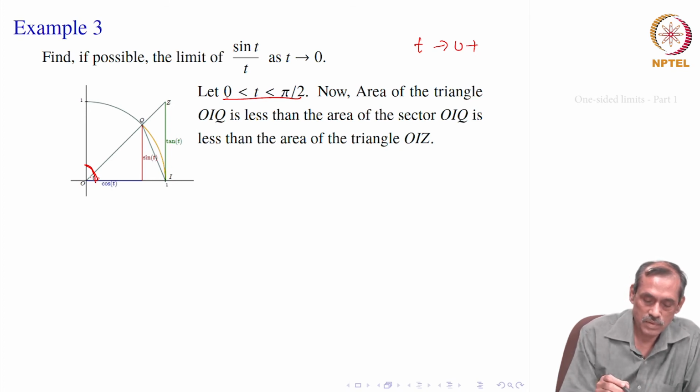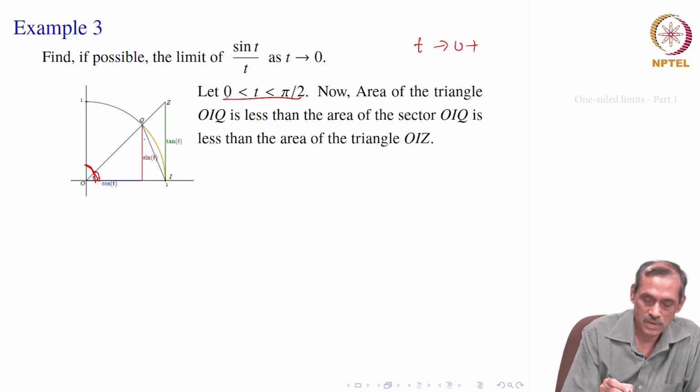So, then we take a circle of radius 1. So, O to I is 1, and the other side also the radius is 1. O to Q is also 1, that is the unit length. Then since this is the angle T, sin T will be equal to the perpendicular, which is in red now, divided by OQ, which is 1.